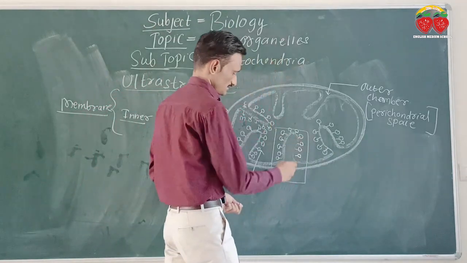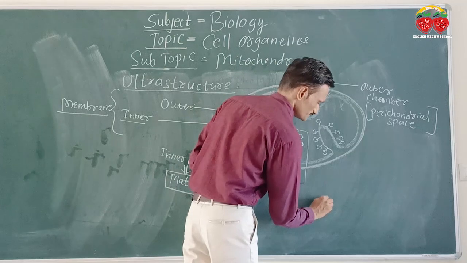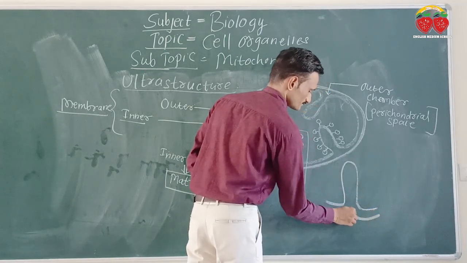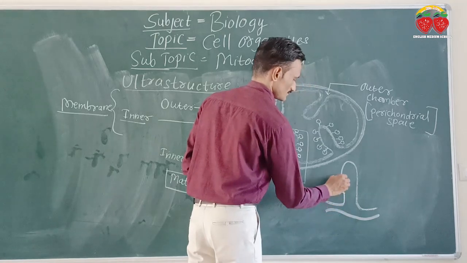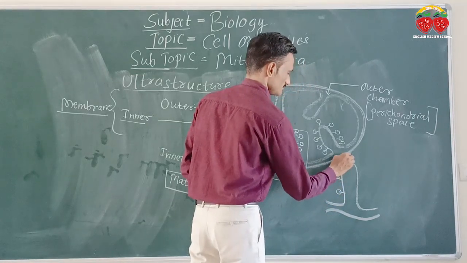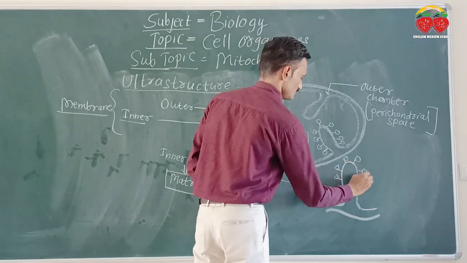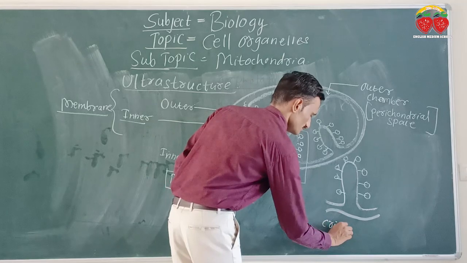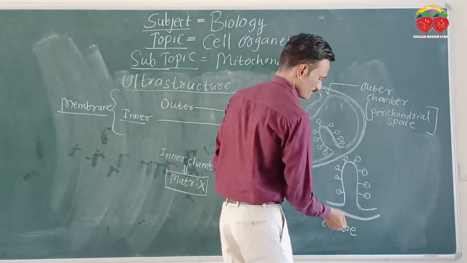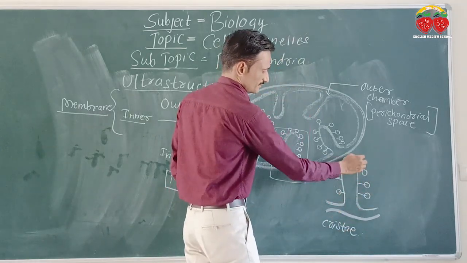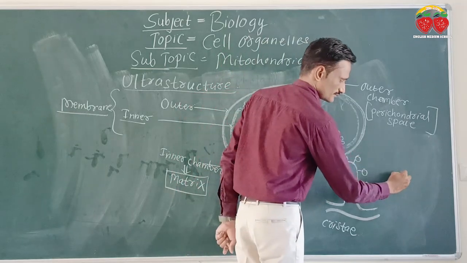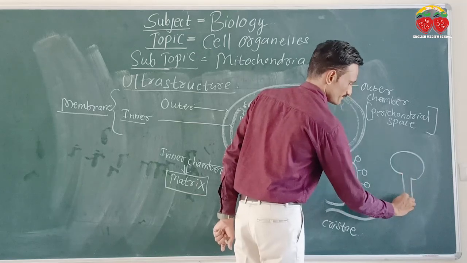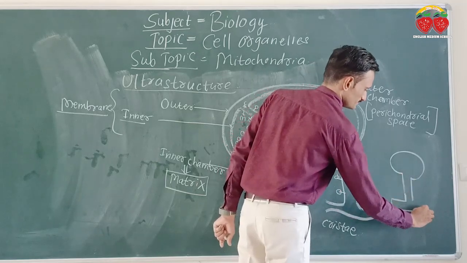Now we will check separately how the cristae is formed. That we call a cristae, and on each cristae a number of oxysomes are present. Each oxysome has a globular head, a middle stalk, and the base.